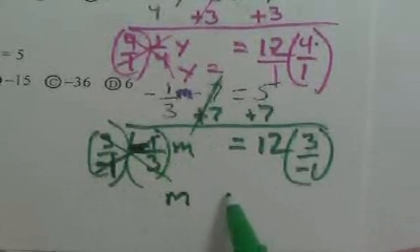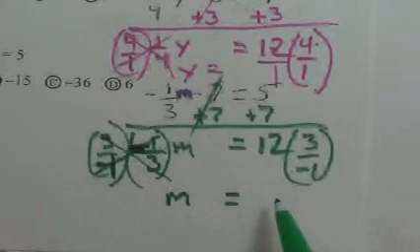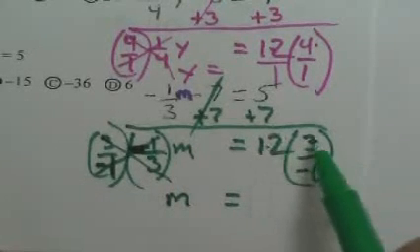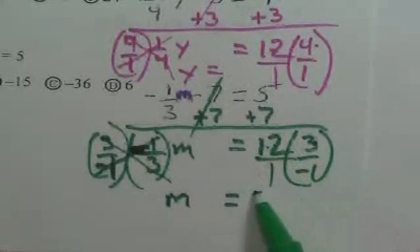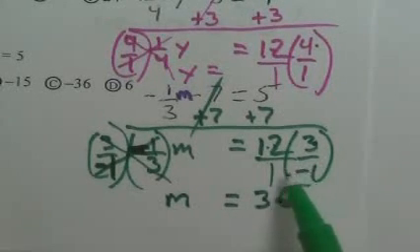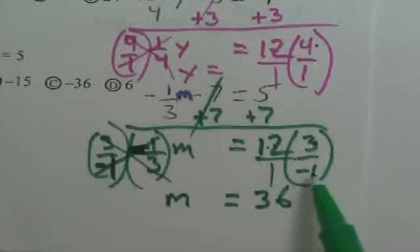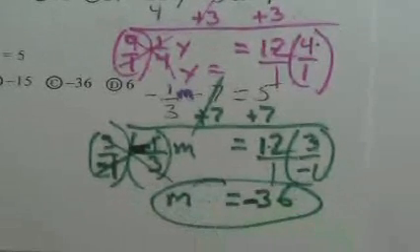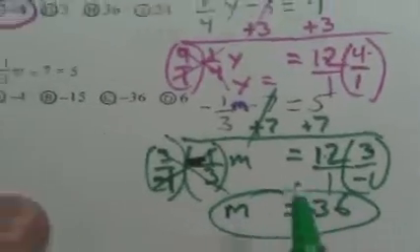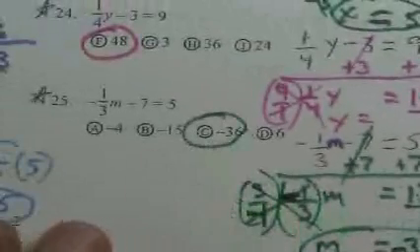You're left with the letter m. They're reduced to 1. And over here, 12 times 3, it's like a 1 over it. 12 times 3 is 36, and there's 1 negative. So the answer is negative. And if you look, it's a letter C is the correct answer.